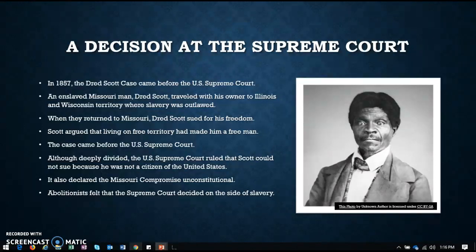A little confusing, but basically you can't tell people they can't take their property into another area and tell them that they're free people. So many people, including abolitionists, felt the Supreme Court really decided on the side of slavery, and this is going to further divide the country even more.